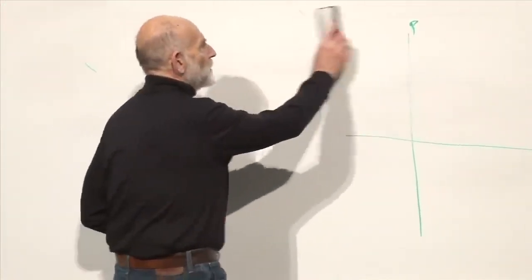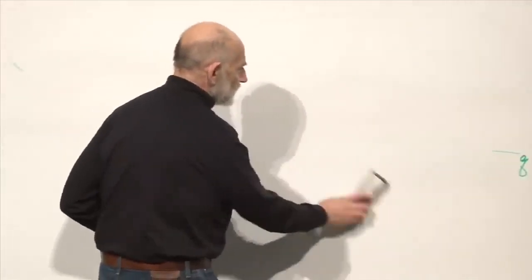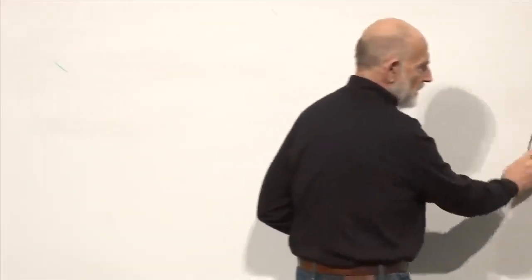We have to completely erase the blackboard and start over again. So we have some system, and whenever we measure something about that system, namely the analog of whether it's heads or tails, we either get heads or tails.